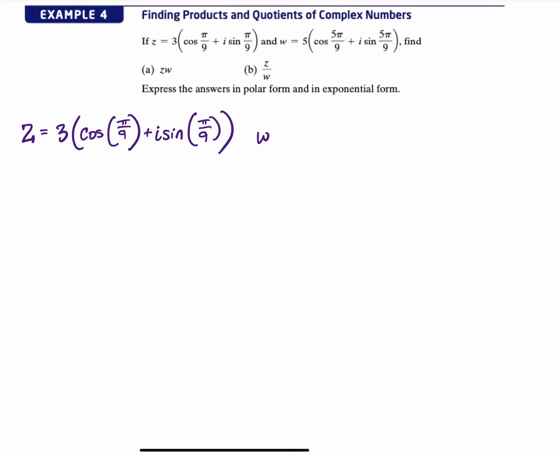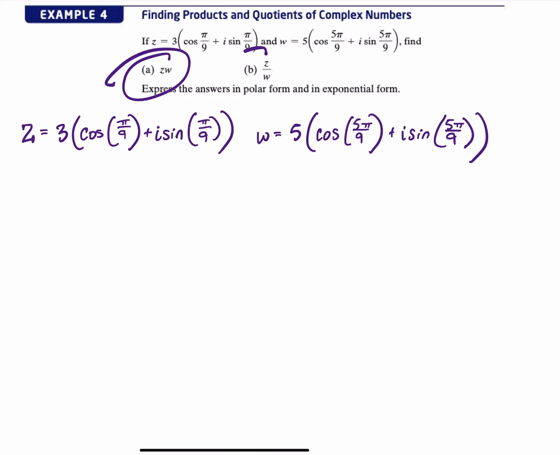And w is 5 times the cosine of 5 pi over 9 plus i times the sine of 5 pi over 9. And it wants us to find z times w and z divided by w, and it wants the answers in polar and exponential form.